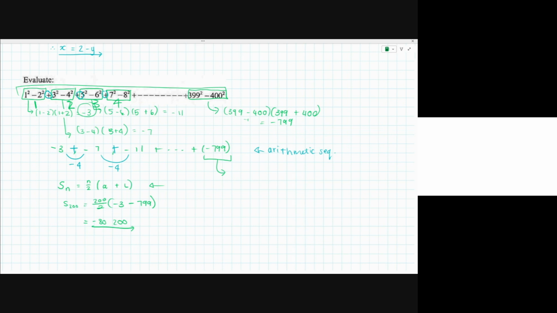At the end of the day, you want to group it so that you get some sort of pattern that you can work with. Your first grouping might not work out, but have in the back of your mind, how can I simplify it so that I can get a number pattern that I can work with? Just because of the squares here, I immediately thought of difference of squares, and it happened to work out. All right, so I hope that all makes sense.